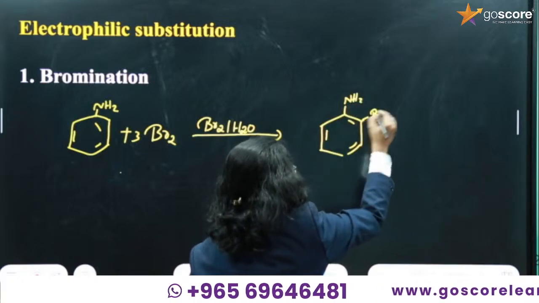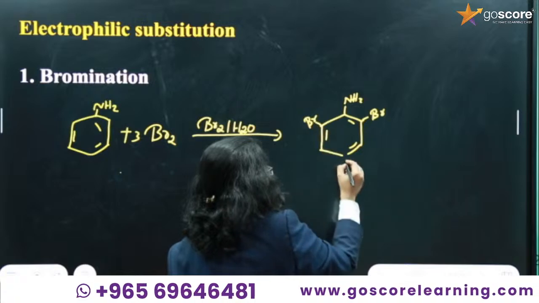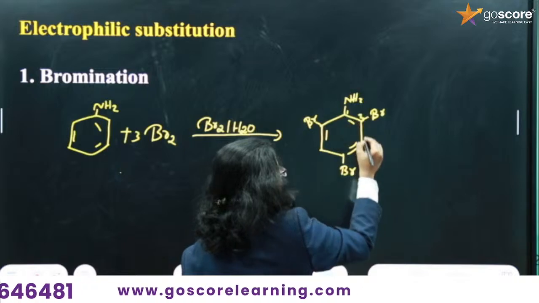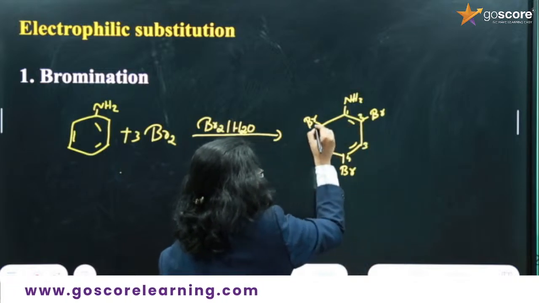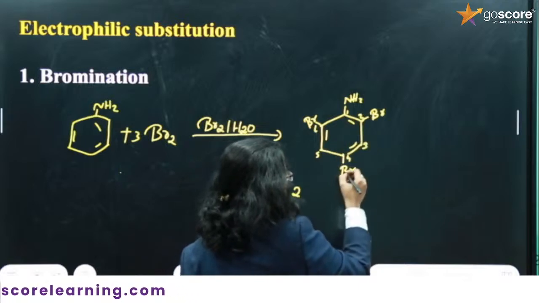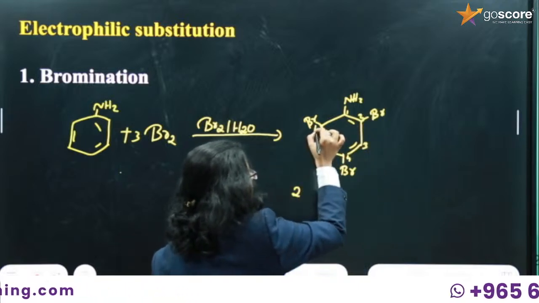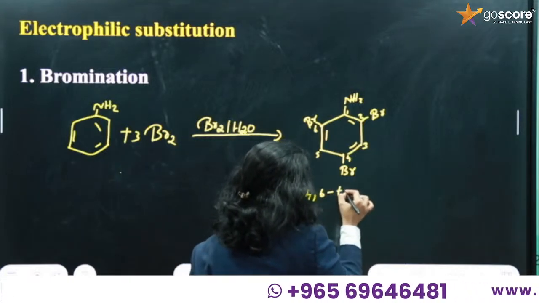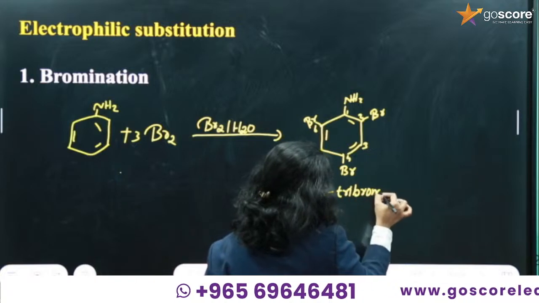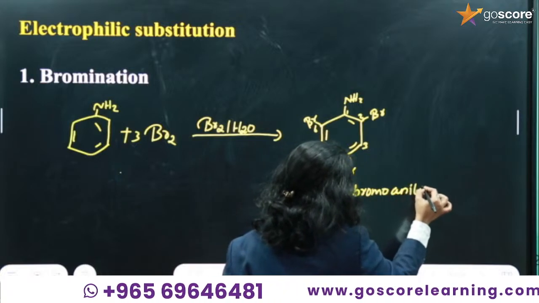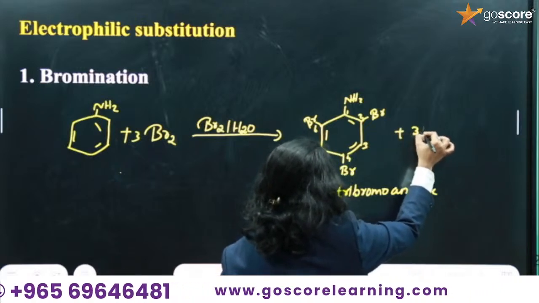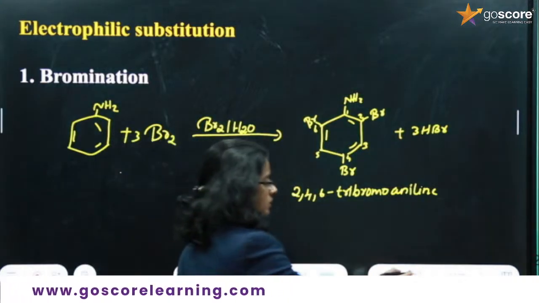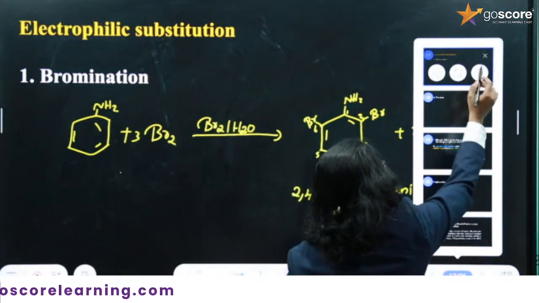Here the incoming electrophile will be attached at the ortho-para position, that is 1, 2, 3, 4, 5, 6. The second position there is Br, the fourth position there is Br, and the sixth position there is Br. So 2,4,6-tribromoaniline will be obtained plus 3HBr. Is it clear? So this is on direct bromination.